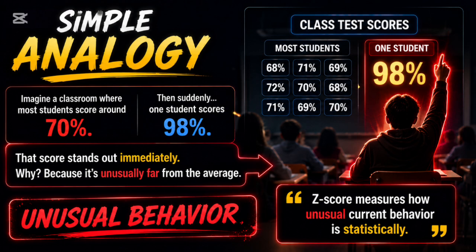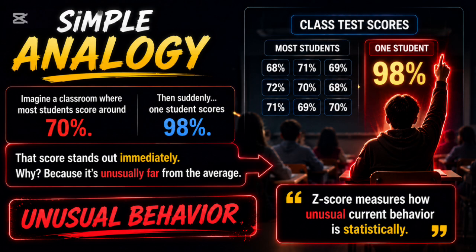But then suddenly one student, who would normally score 70%, now scores 98%, or let's say 100%. That score stands out immediately, because it is unusually far away from the normal average, which is 70.